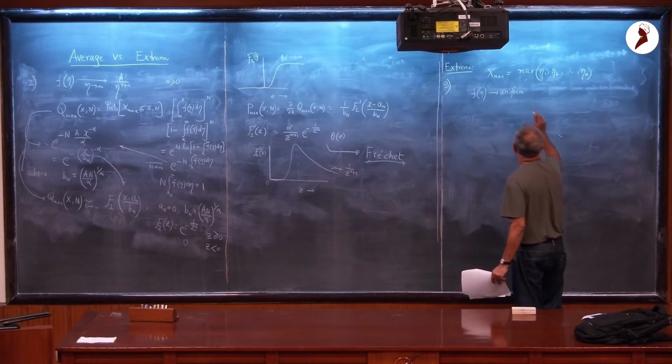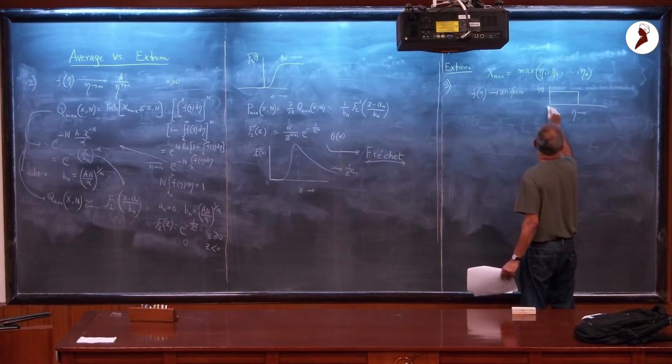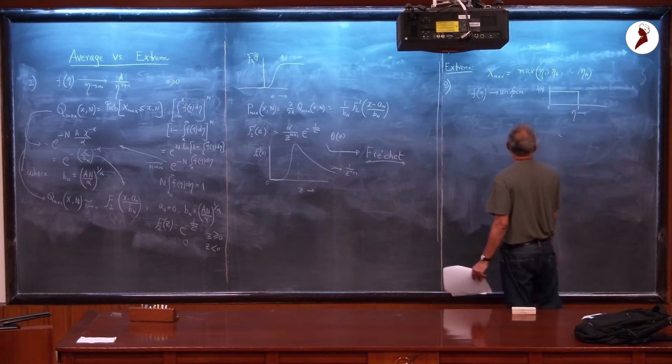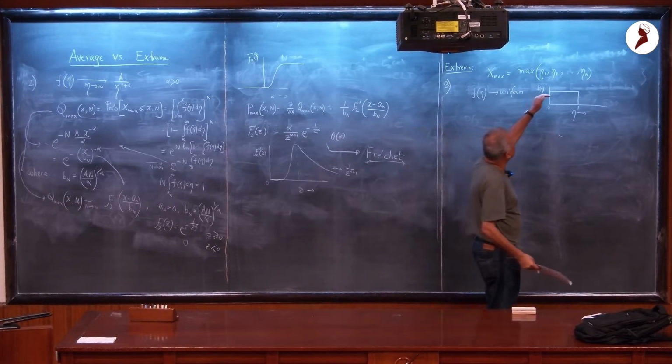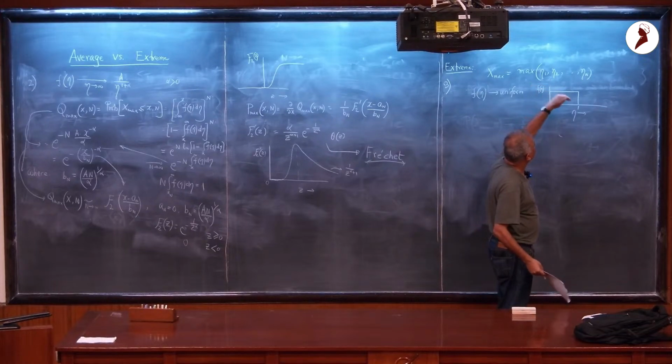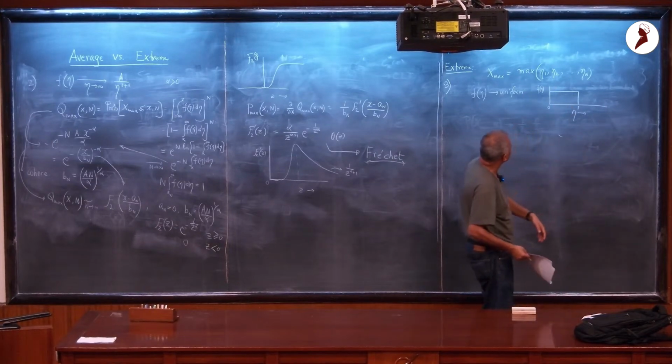So for example, if I take uniform distribution of f eta, so that means it's a flat distribution. Let's say 0 to 1. Okay? So this is even faster than exponential because it has a finite upper limit support, right? Beyond that, it's identically 0. So in some sense, it's decaying very fast. Okay?